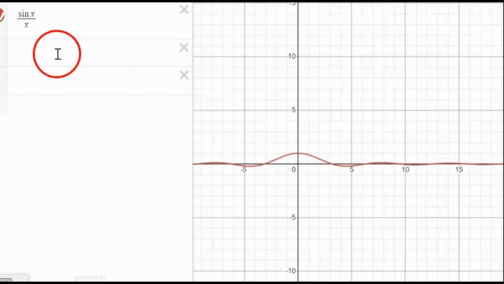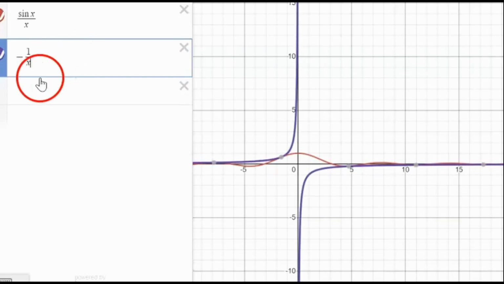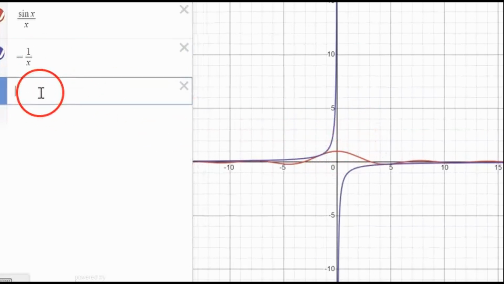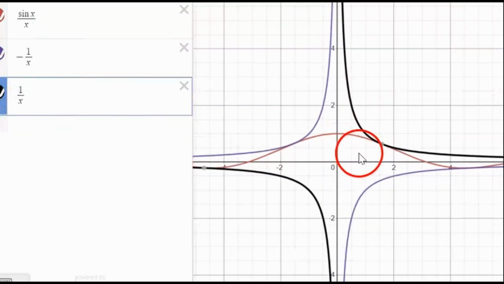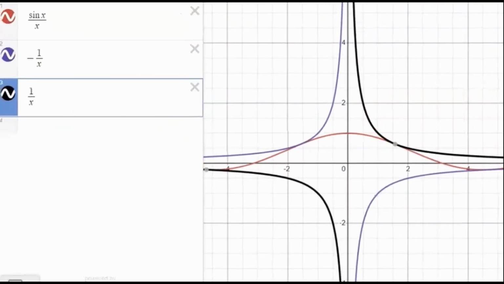And what's really cool is we can do the squeeze theorem here. So the lowest number was negative 1 over x. Remember, that's the smallest that the sine function can be. That's in purple. And the largest that our function of interest could be is 1 divided by x, because the highest that sine can be is 1. That's in black. So purple is the lowest that it can be, and black is the highest our function can be.